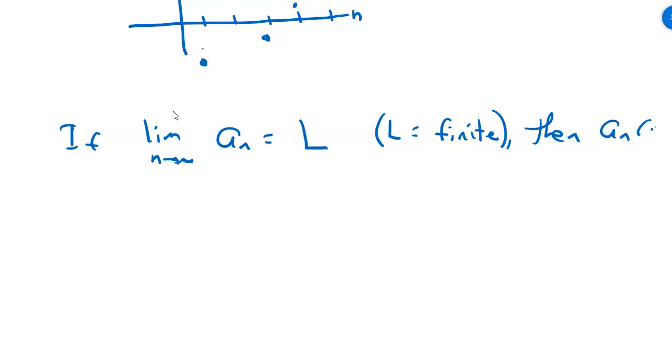Otherwise, it diverges. So if it approaches some finite limit, then a sub n converges. If it doesn't, then it diverges. So that sequence that we saw before, that thing diverges because it doesn't approach a limit. This one converges. So what if we take a look at another type of sequence?